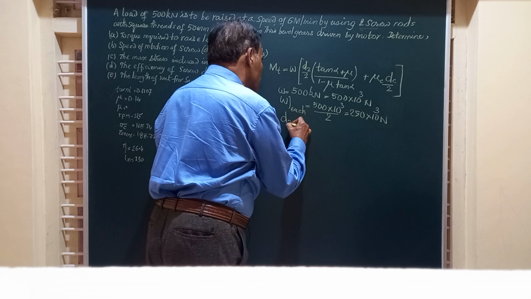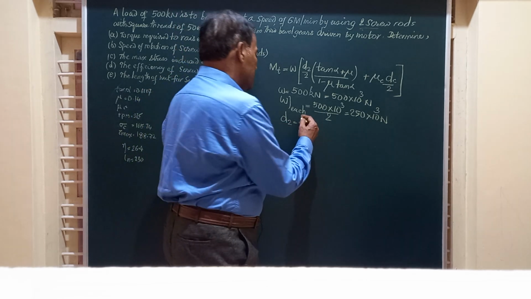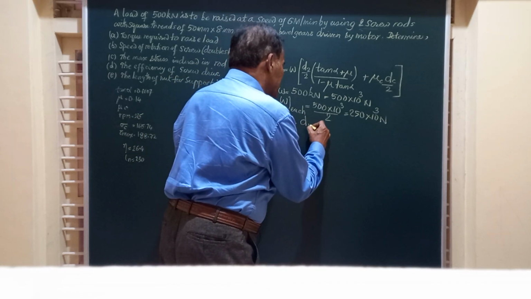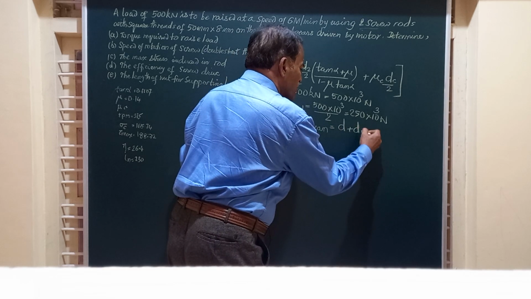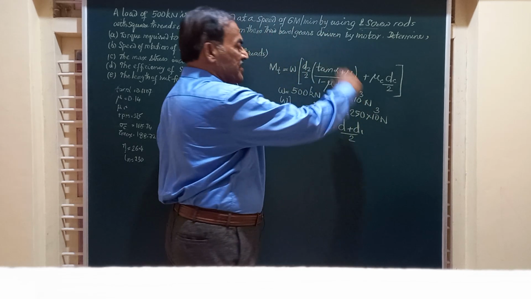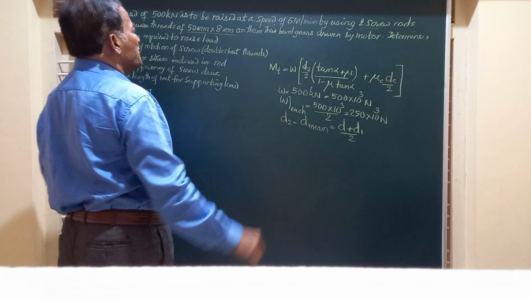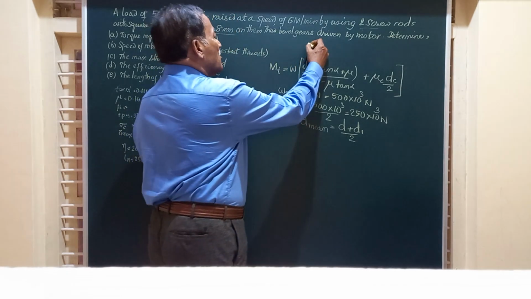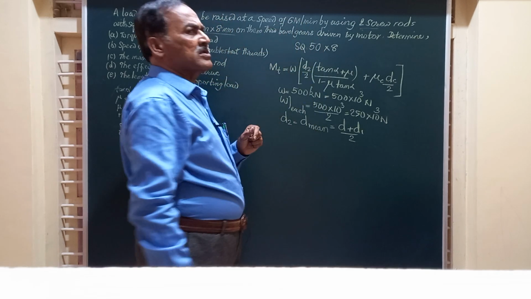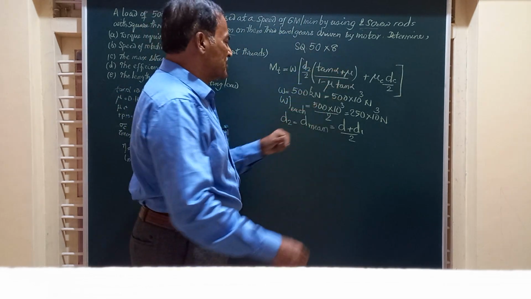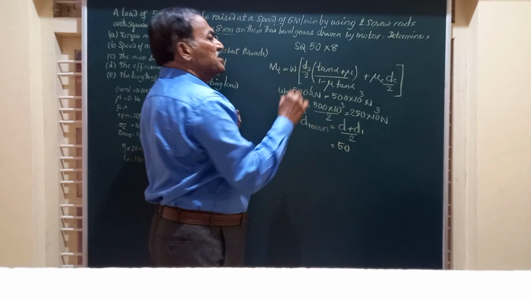Then next comes d2. d2 in this expression stands for the mean diameter of the screw rod, that is the average of the outside diameter D and the inside or core diameter d1, divided by 2. How do we find this? It is given that the square thread is 50 by 8 SQ. This stands for a square thread of 50 millimeter outside diameter, that is D is equal to 50, and this value 8 is the pitch.